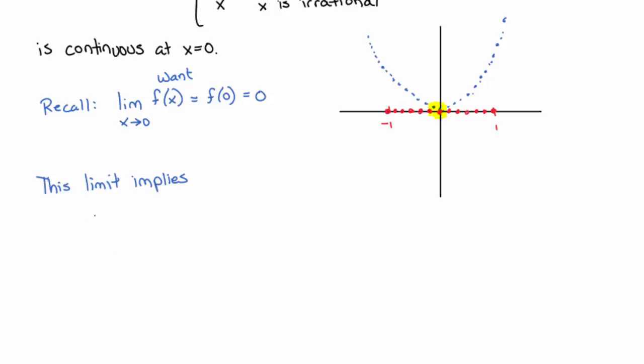This limit implies that for any given epsilon greater than 0, we should be able to find a delta, usually based upon that epsilon, that's positive as well, such that whenever the distance between x and 0 is less than delta, or in other words, whenever x is within a delta neighborhood of 0, not including 0, it will imply that our function is within an epsilon neighborhood of the output 0 that we said should be the case. So that's what we want to prove here.